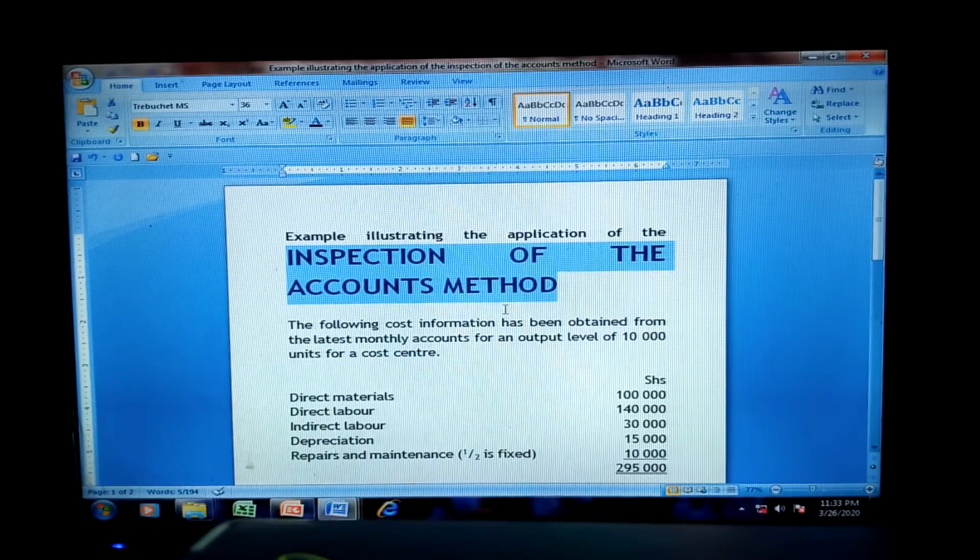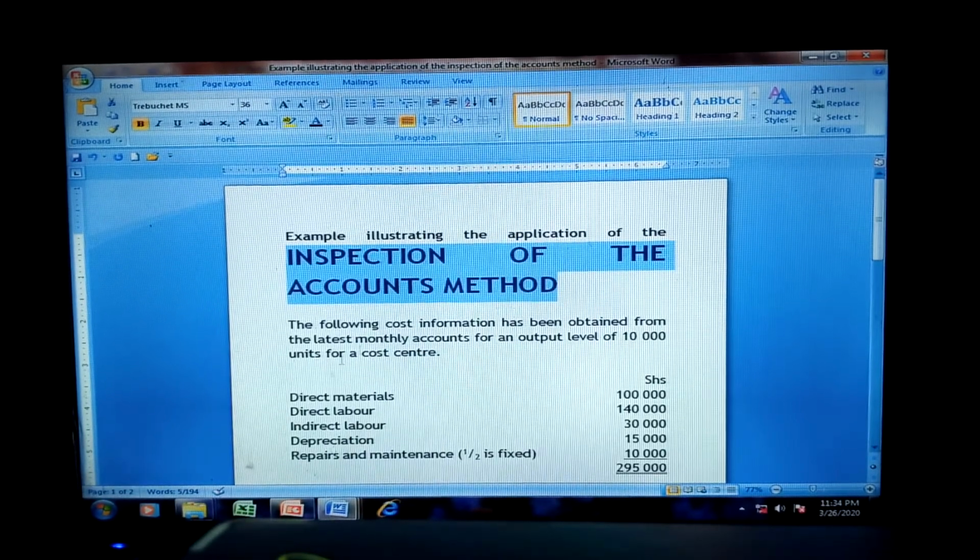Remember, I told you that this method cannot be used to analyze semi-variable cost into their fixed and variable elements, meaning that whenever we have semi-variable cost, there is always some subjectivity or some arbitrary assumptions on how to treat these costs, because it's just always a matter of agreement between the departmental managers and the accountant on whether to treat such costs as variable or as fixed costs.